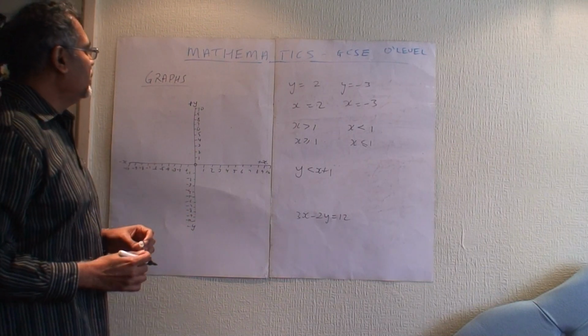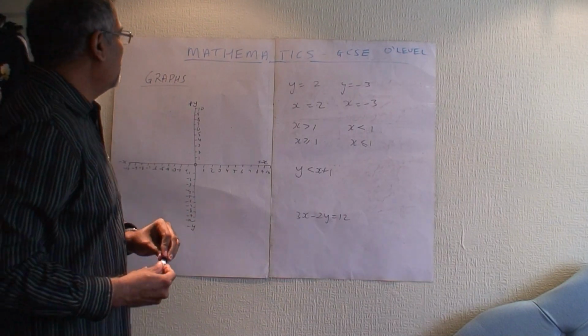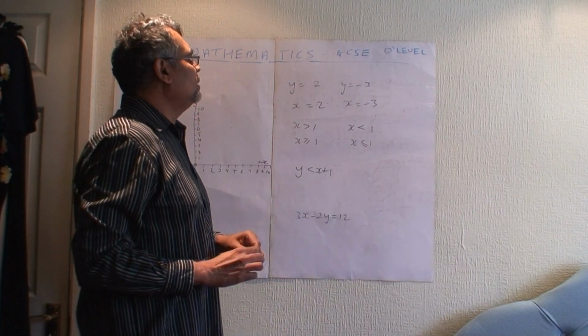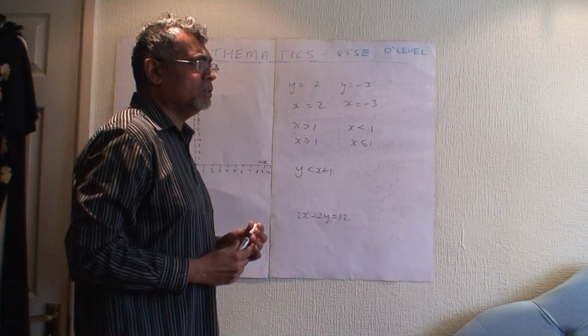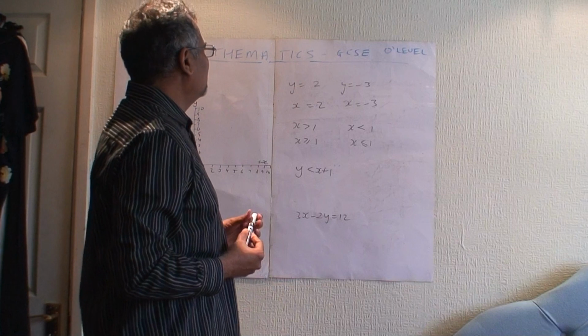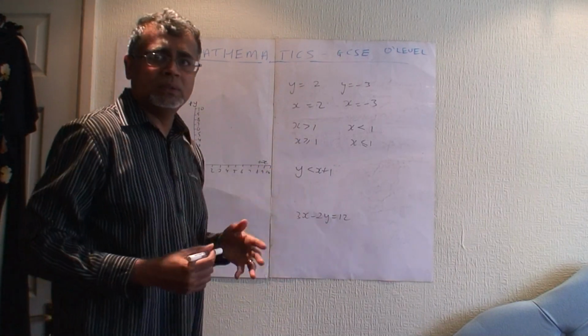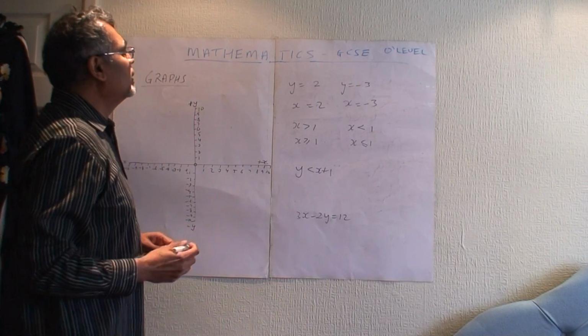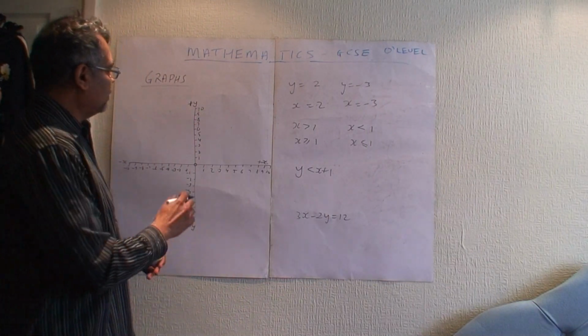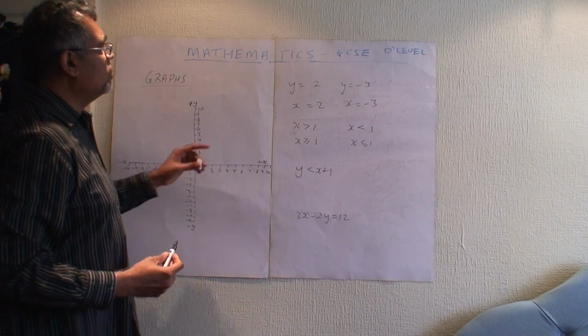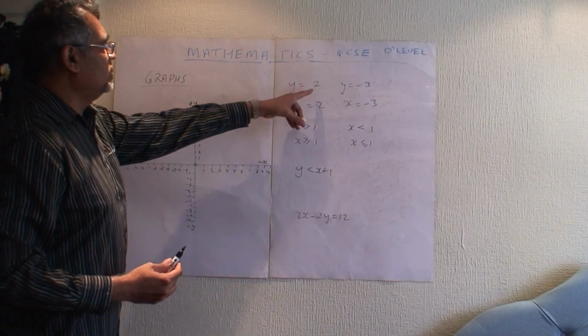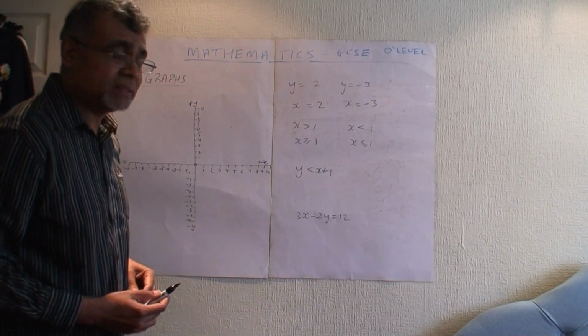Now we have some simple equations here that we want to represent graphically. Okay, so we have y is equal to 2. Now according to the graph, how do we find the 2 on the y-axis?